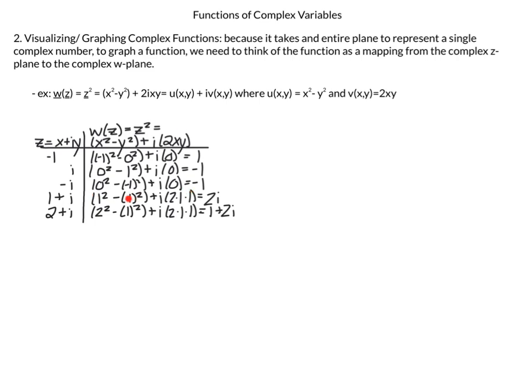So my final answer here is just 2i. And finally I have 2 plus i. So x is equal to 2, y is equal to 1. So I have my 2 squared minus 1 squared plus i, 2 times, oh, this should be a 2 times 1. So this should be a 4i over here.